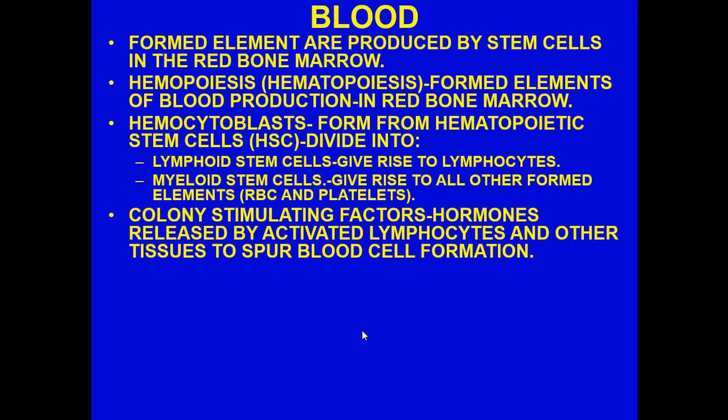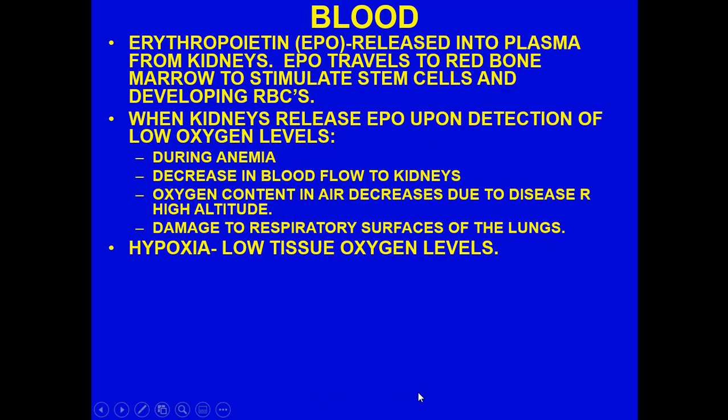Now, there are these unique proteins, these hormones actually, called colony-stimulating factors. These are hormones released by activated lymphocytes and other tissues which spur blood cell formation. Now, erythropoietin, EPO, is released into the plasma from the kidneys. This hormone, EPO, travels to the red bone marrow to stimulate stem cells and developing red blood cells.